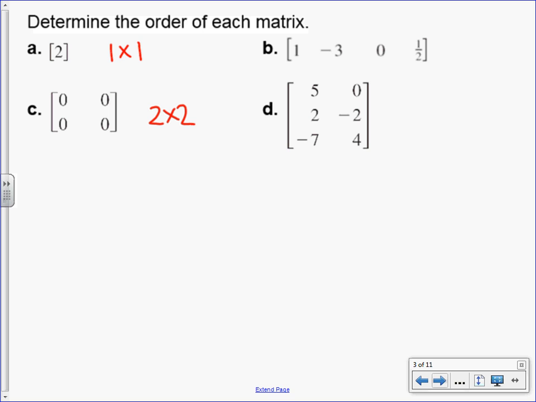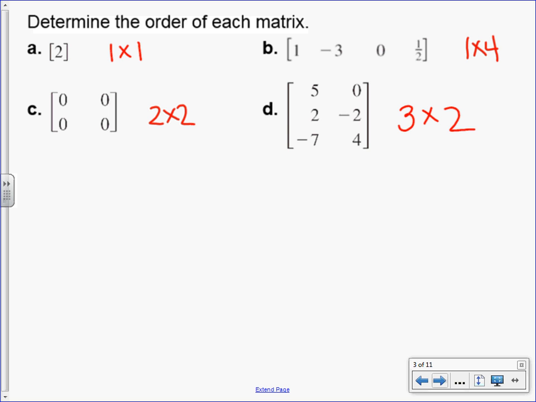When we have the same number of rows and columns, square matrices, those are easy to determine the order. But you need to be careful. What is the order of B? 1 by 4. Rows by columns. And D, 3 rows by 2 columns.